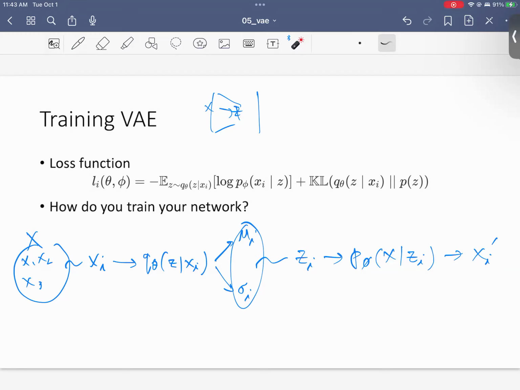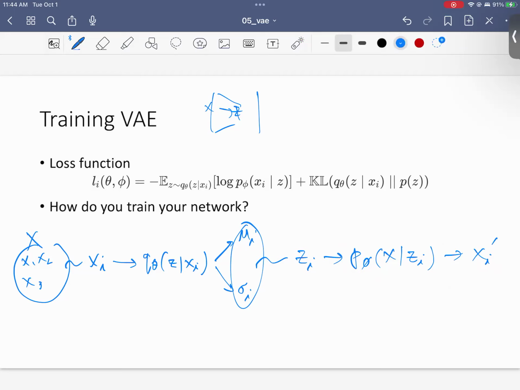There are two parameters to fine-tune: the decoder's and the encoder's. Because there's a sampling phase here, your backprop signal will be cut off. This part is deterministic, so you can backprop.